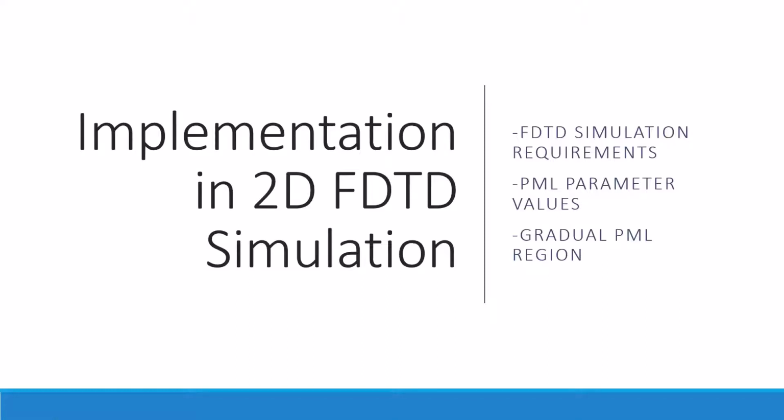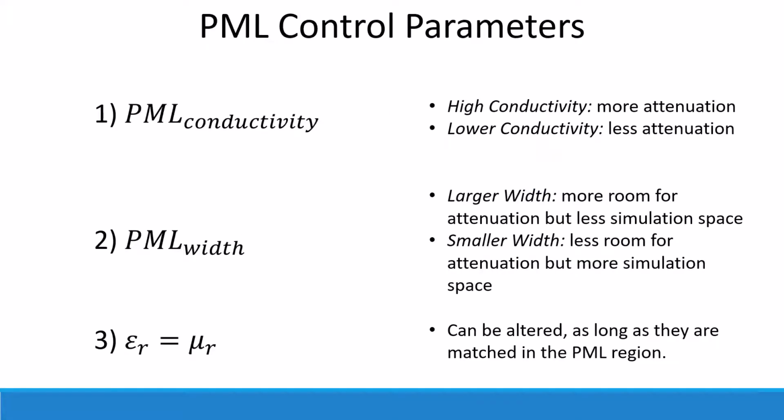So the control parameters here are the conductivity, as we've been discussing, as well as the width of the PML region, and ensuring that the permittivity and permeabilities are matched within the region. So they can be changed as long as they are matched.